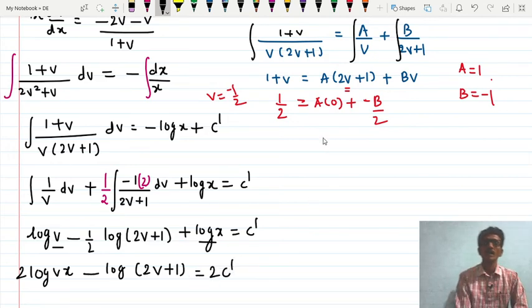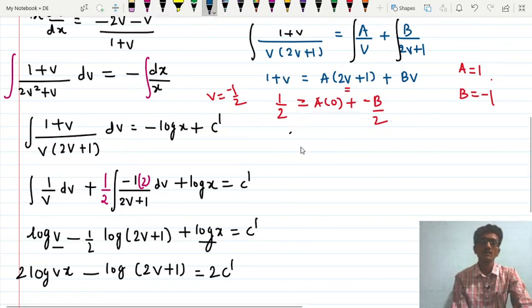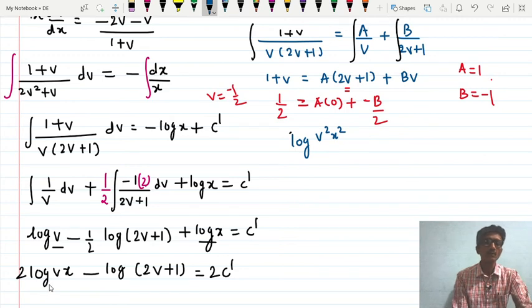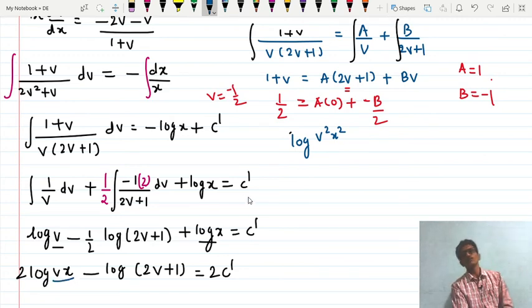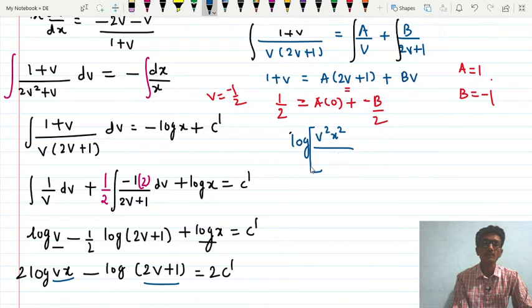We put this here, so we'll write it as log of v square x square, since 2 log vx is log of vx square, and the 2v plus 1 goes into the denominator.